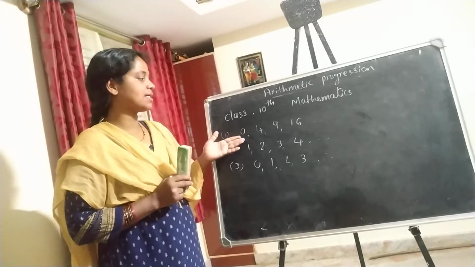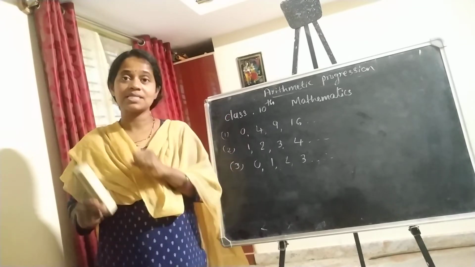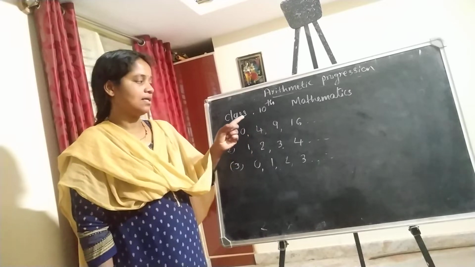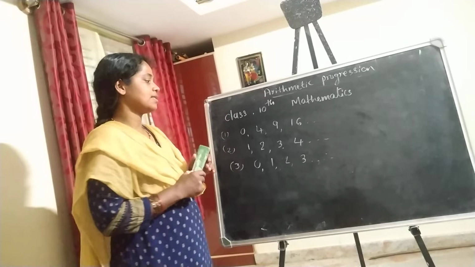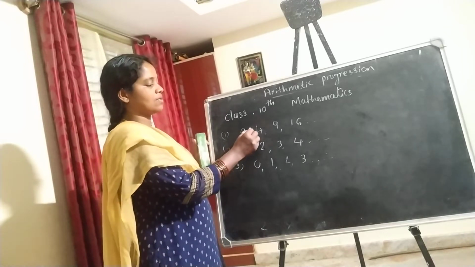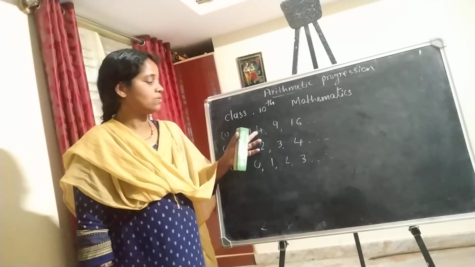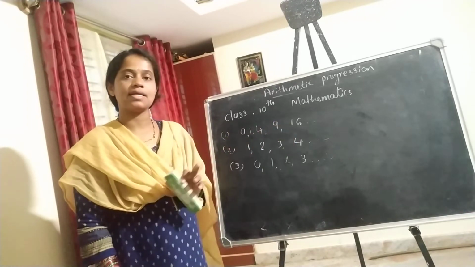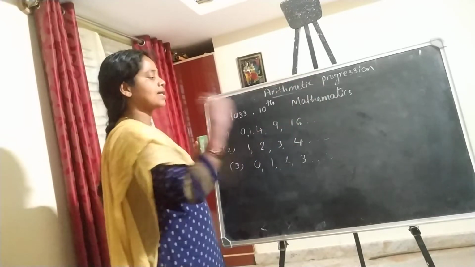The first example is the set of continuous square numbers. 0 squared is 0, 1 squared is 1, 2 squared is 4, 3 squared is 9, and 4 squared is 16, and you can write the next numbers also, 5 squared, 6 squared, like this.